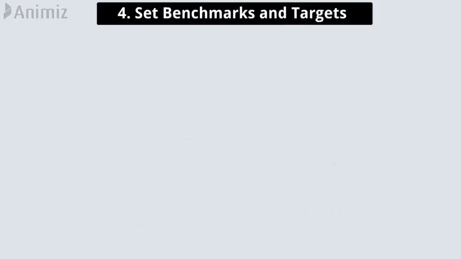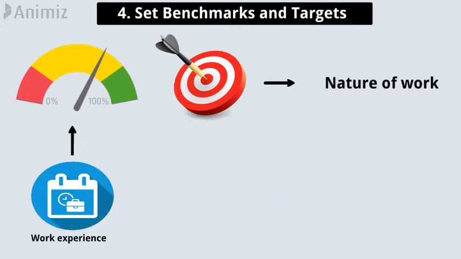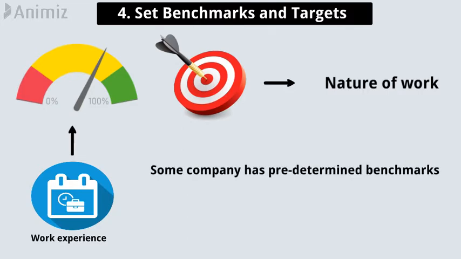Number 4. Set benchmarks and targets. For every company, productivity benchmarks and targets change according to the nature of work. Generally, benchmarks are set automatically by working experience. Some companies have predetermined benchmarks which are compatible with the goals.